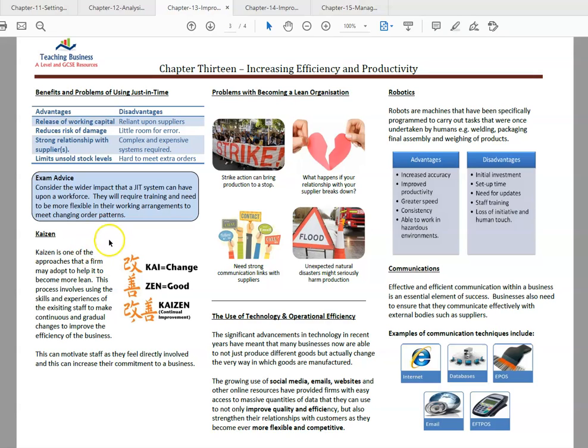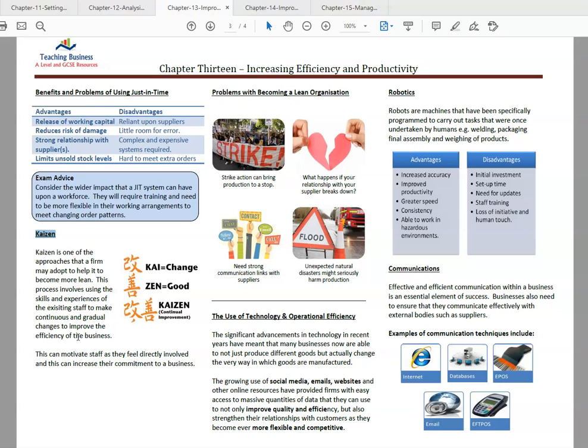And then brought in, I'd suggest, mid-1990s onwards, is Kaizen technique. This has come from Japan, and in this process staff are encouraged to make small constant changes to the way that they work to constantly and continuously improve the efficiency of a business.